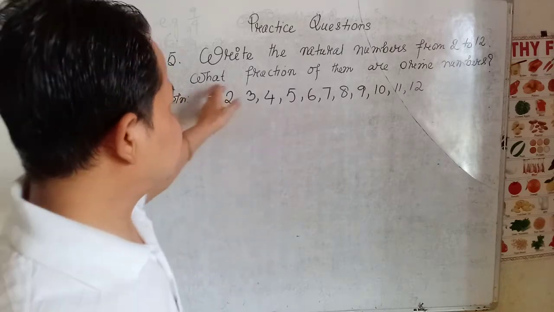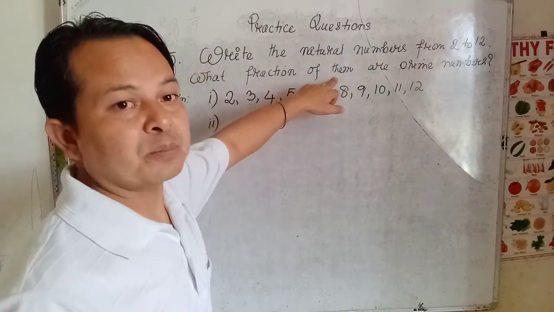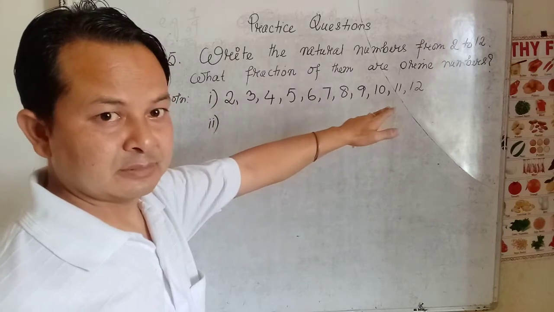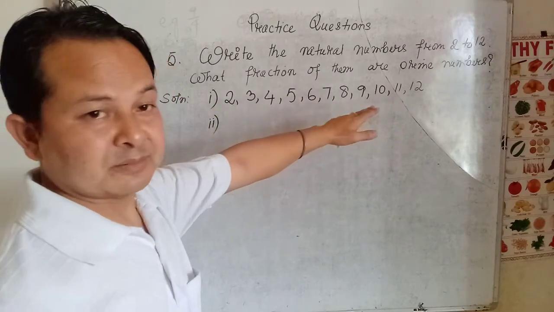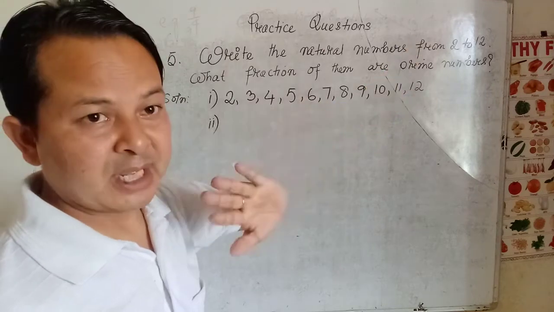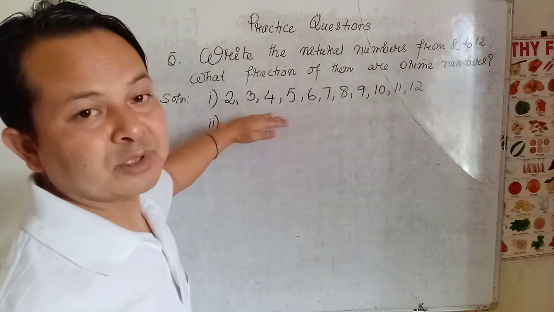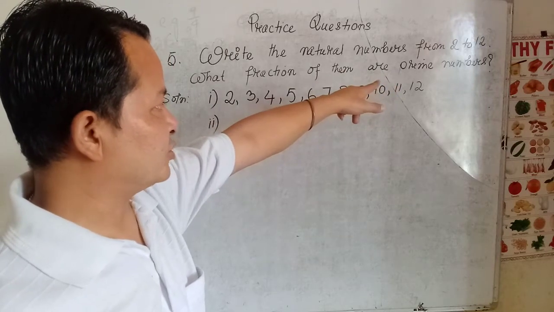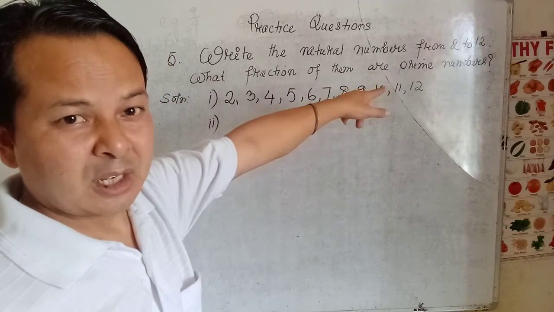So in this question, the whole part is the natural numbers from 2 to 12. They are called natural numbers, starting from 2 to 12. And this is the whole. The second part is the prime numbers.